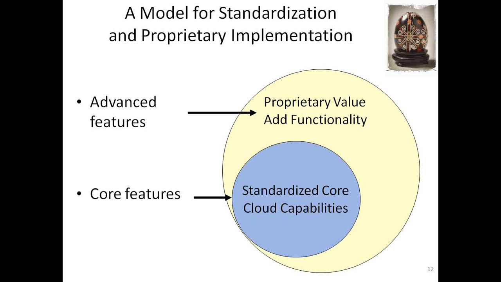Whether it is infrastructure, platform, or software that is being given as a service, the core features will be standardized and will provide interoperability and portability. The vendor can add his own proprietary value by adding his own functionality or advanced features. This promotes innovation. This also promotes standardization, interoperability, and portability.